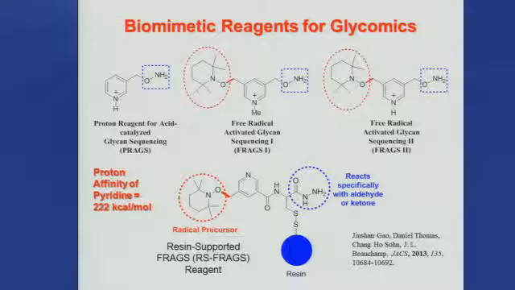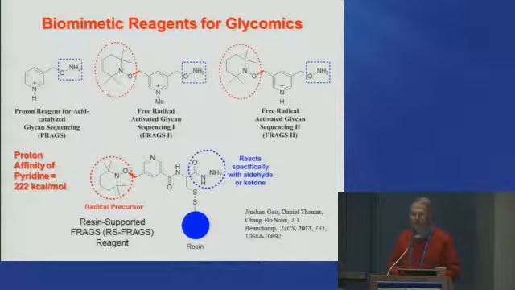Now, this is very carefully picked to have a proton affinity that is in what we call a Goldilocks zone. You don't want it too high, you don't want it too low, because you want the charge to stay on the reducing terminus of the glycan. At the same time, you want it to be available to use as an acid. You don't want it to hug up too much to the proton. So pyridine works extremely well.